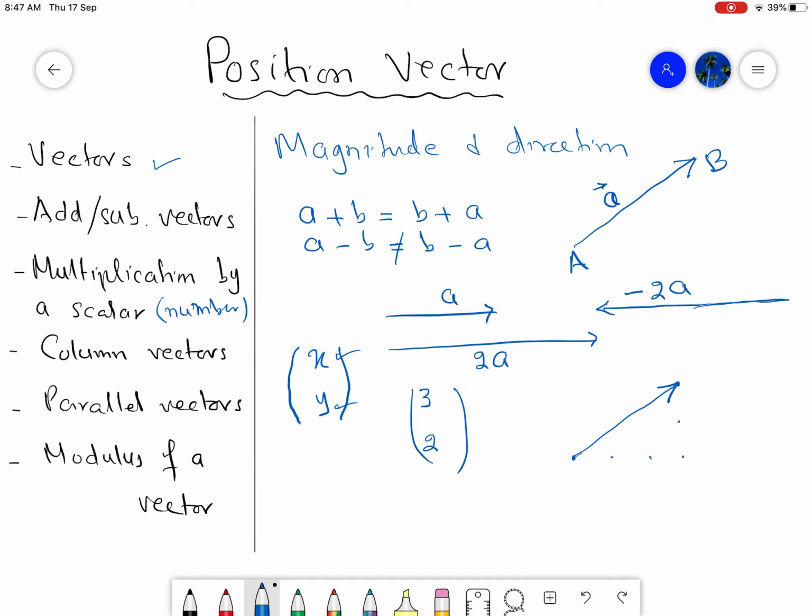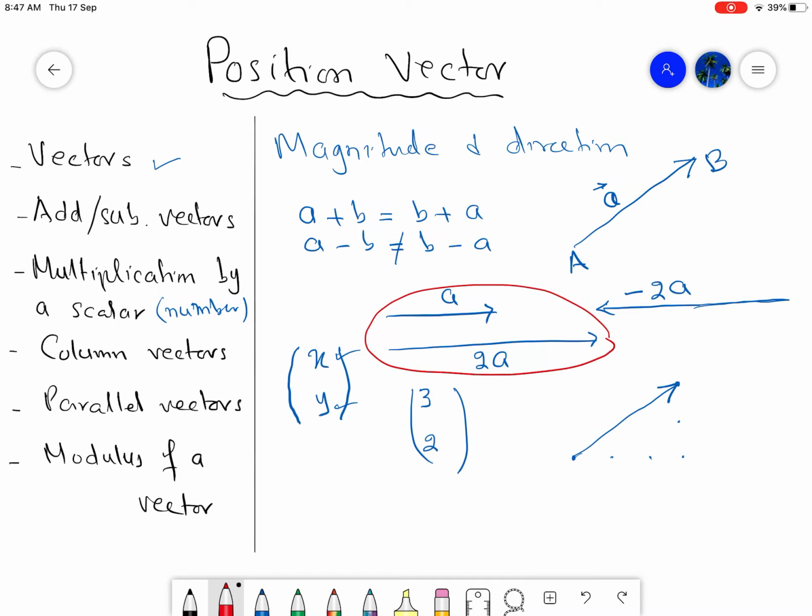Then there was the concept of parallel vectors. If vectors are multiples of each other, they are always parallel to each other. You can figure out parallel vectors not only from the diagrams, but also from the column vectors.